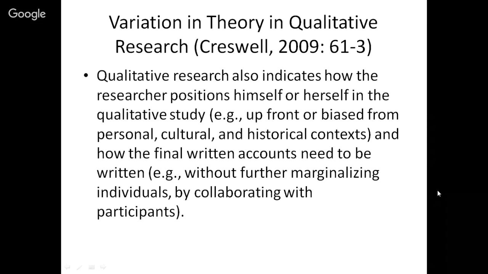So not only are we looking for the center or the worldview of the participants from which we're studying, how does the researcher fit in the study itself? What is their position? Where are they located in reference to the phenomena being studied? This is the whole argument of Afrocentricity, which we'll see later on.